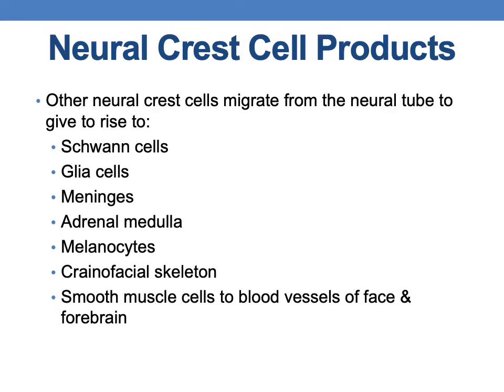Neural crest cells give rise to several other cells or tissues in the developing human, such as Schwann cells, glial cells, the meninges of the forebrain, chromaffin cells of the adrenal medulla, melanocytes in the skin, the bones of the craniofacial skeleton, and the smooth muscle that forms the middle layer of blood vessels of the face and forebrain, just to name a few structures. For the purpose of this course, we are going to focus on the ganglia that arise from neural crest cells, specifically the dorsal root ganglia.